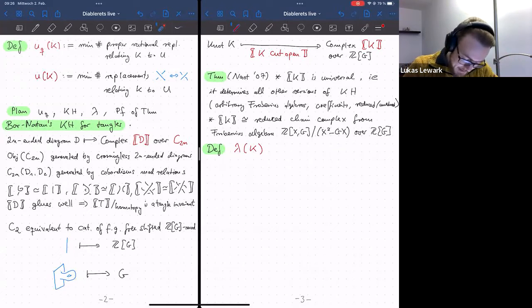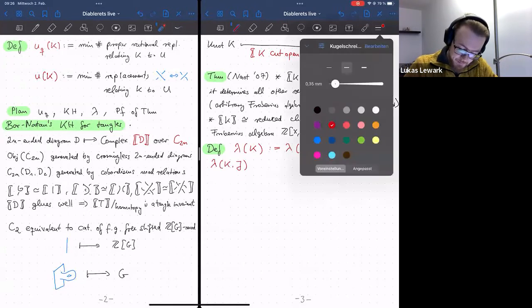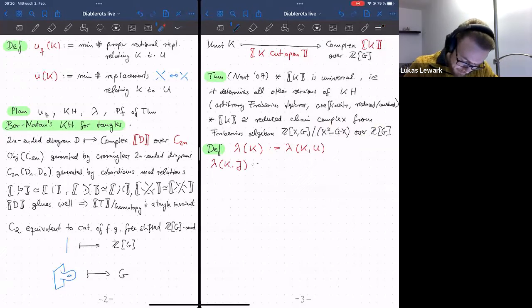So lambda of K is just lambda of K, U, and we are going to define lambda of K, J for arbitrary knots K and J as follows.